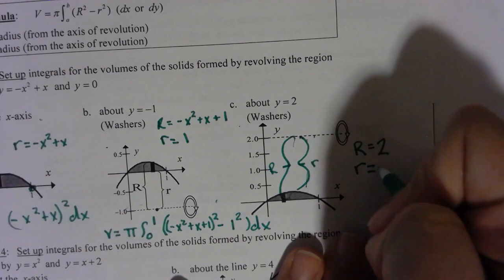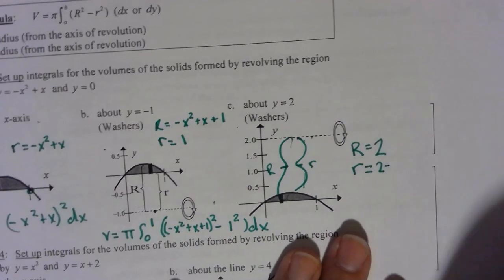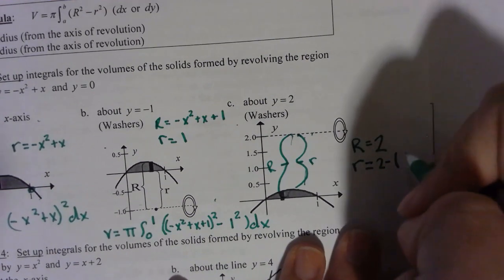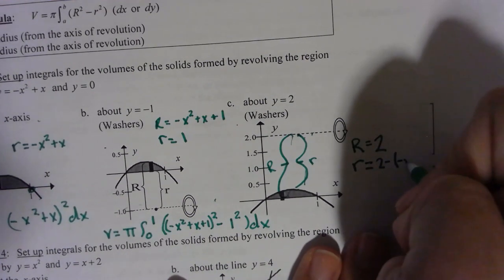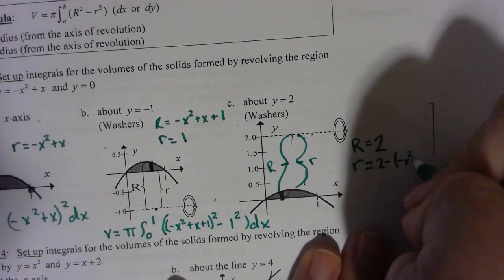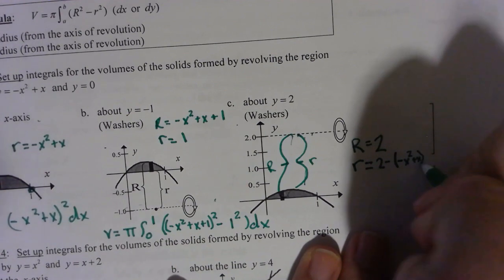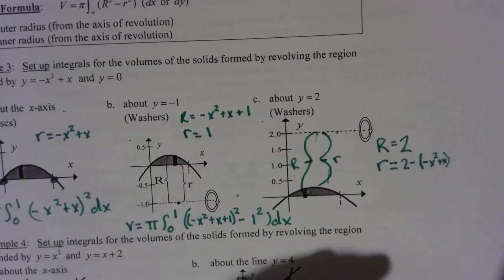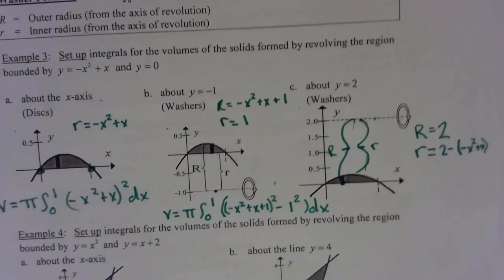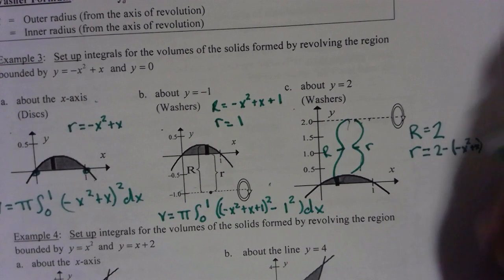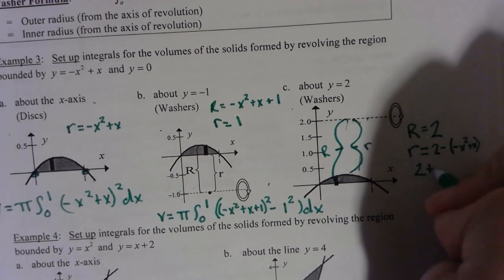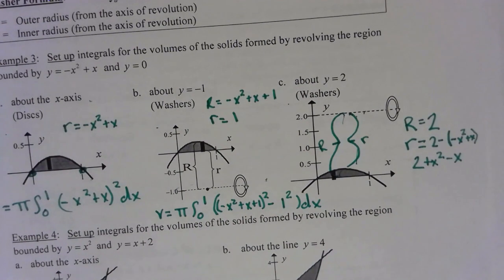So it's going to be 2 minus, I don't think I'm going to be able to fit this, negative x squared plus x. All right, so you could, if you want, distribute that negative out, so you get 2 plus x squared minus x. That makes it a little bit easier.